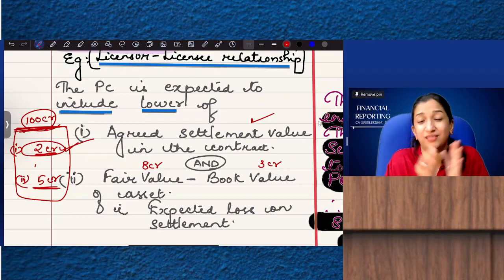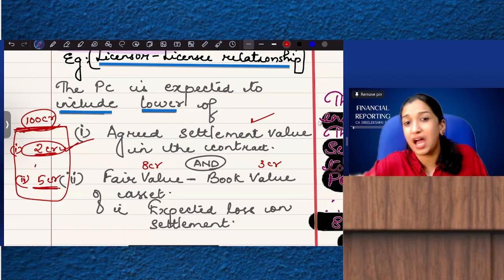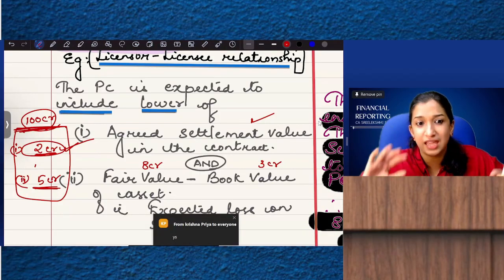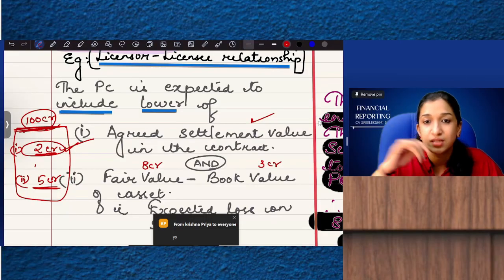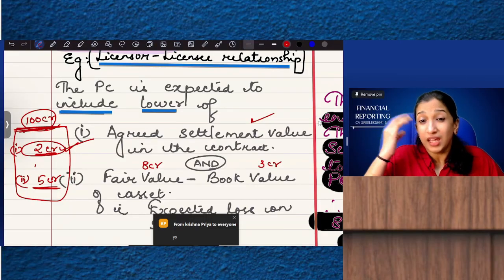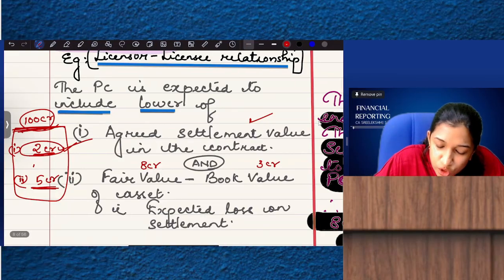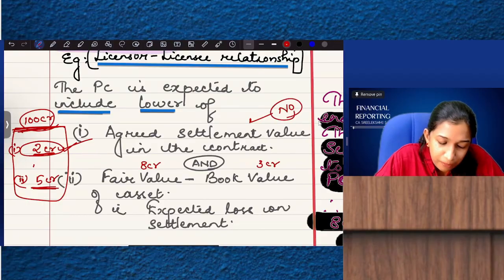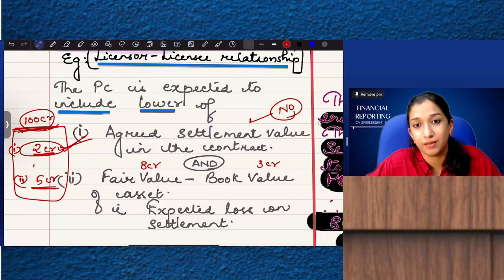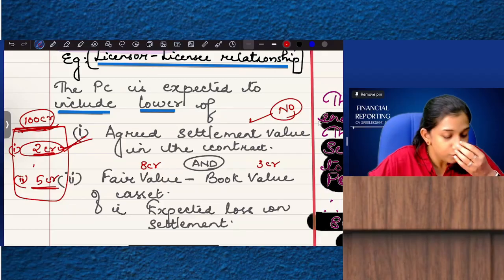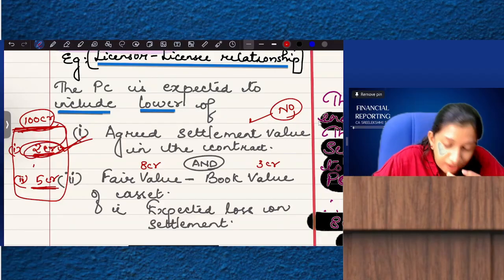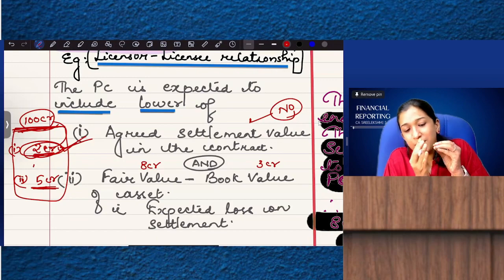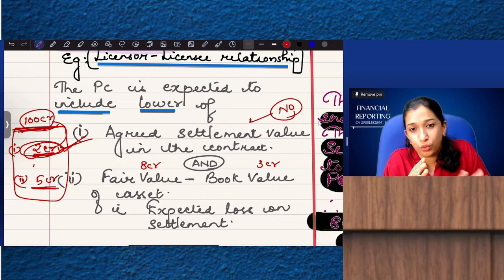Are you understanding? I have a loss of 5 crore because of business combination. Because I have given you at 3 and I am taking over at 8. There is a loss of 5. If there was no business combination, my loss would be 2 crore to end the contract. So you take whichever is lower, 2. That 100 crores includes payment of the 2 crore also.